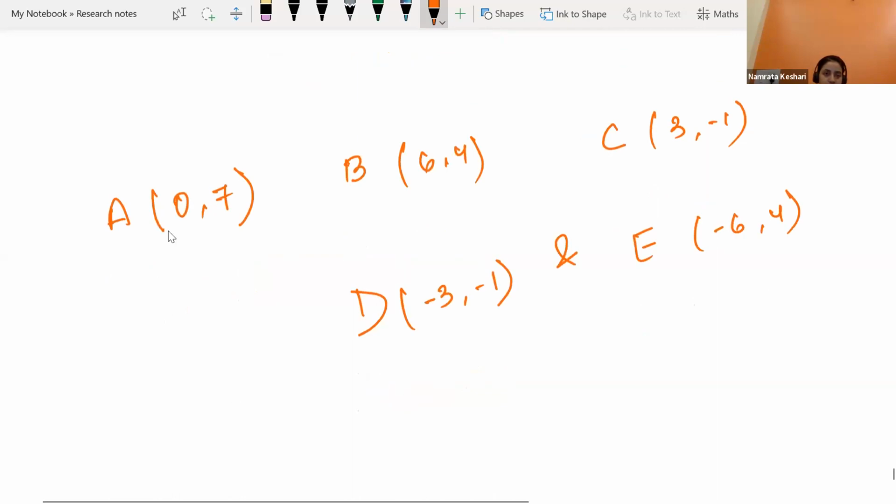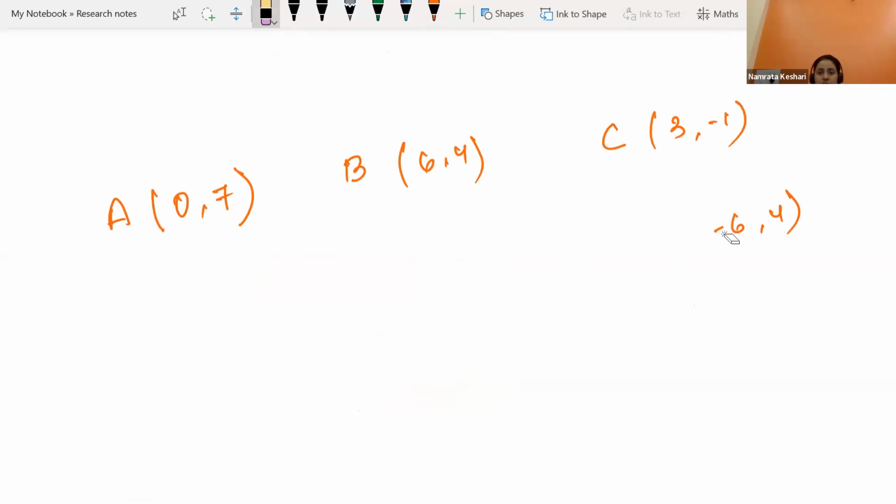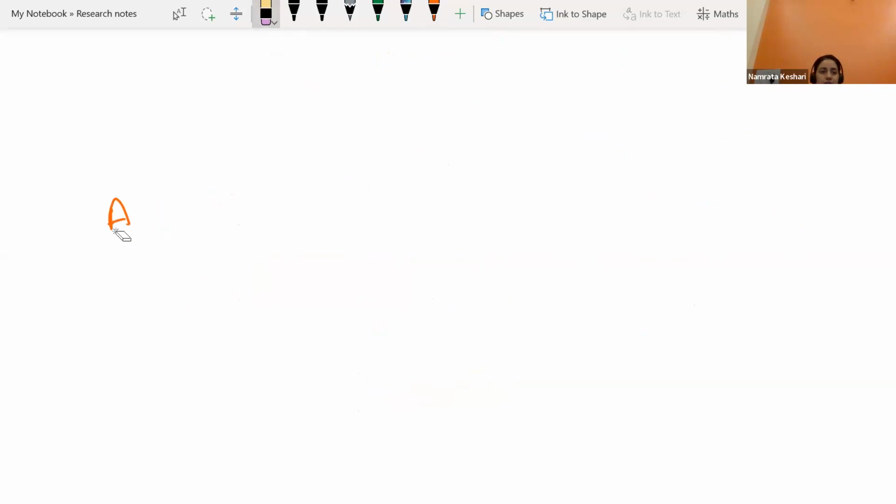Wait, this question, don't do it. Okay, I'm changing the question. This question is based on drawing the figure and then showing, so I won't be able to check what you have drawn exactly.